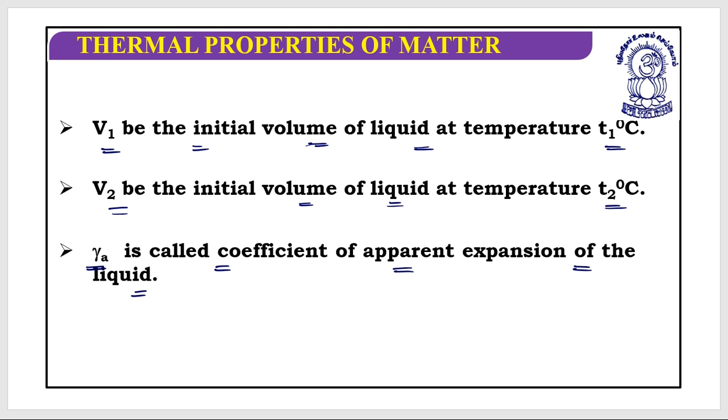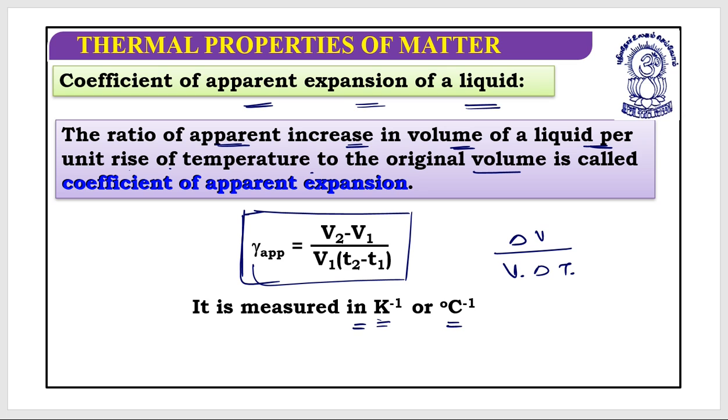Is it clear up till now? Do you understand what gamma apparent is? This is just the primary information. We are going to work with it in certain practical situations. But is it clear up till now?